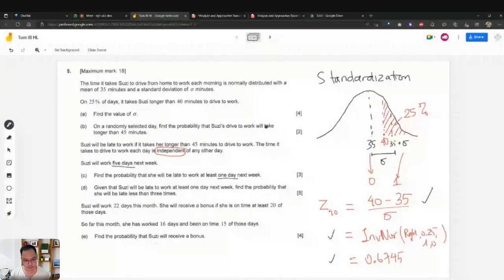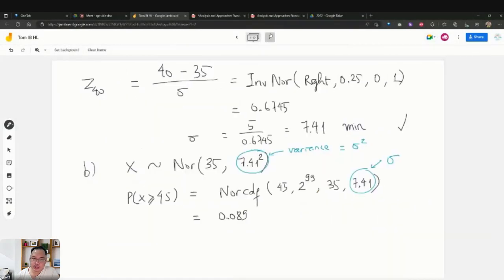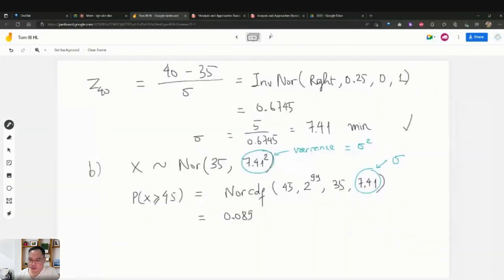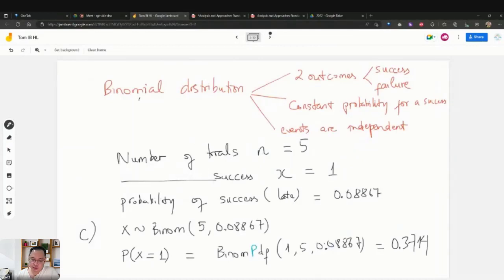The probability of being late is still 0.09867, because this is the probability that the commute, the trip, takes her more than 45 minutes, meaning being late. So the probability here is the same. The only thing different is the number of trials, which is 6 now, not 3, not 5.